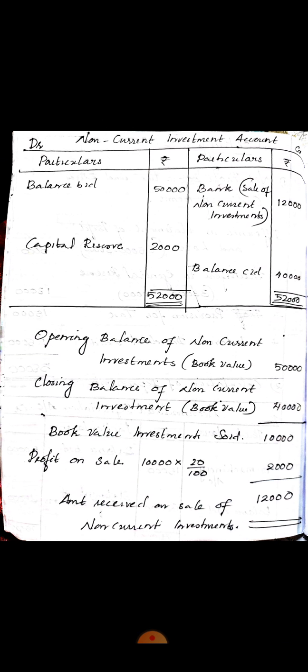Next, preparation of non-current investment. Opening balance of non-current investment 50,000. Closing balance 40,000. Profit on sale, which is transferred to capital reserve rupees 2,000. Then sales price rupees 12,000 on credit side.